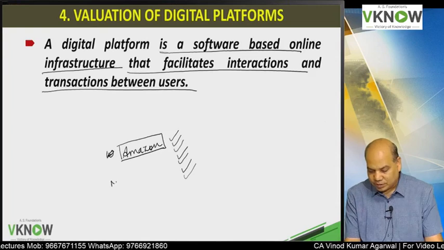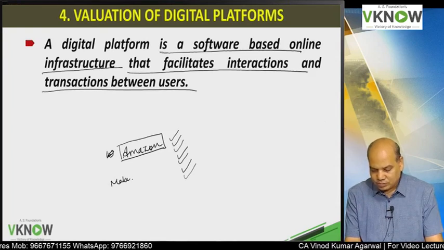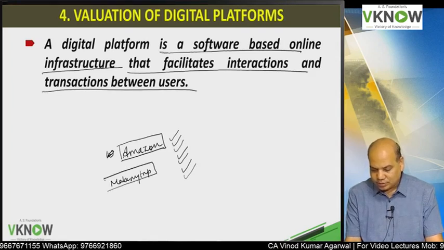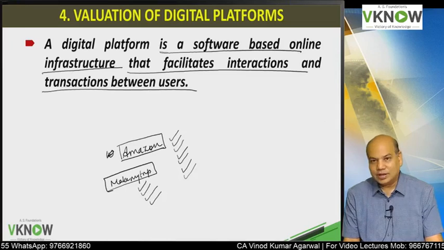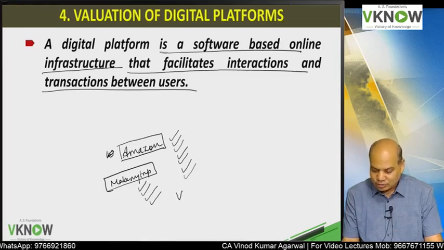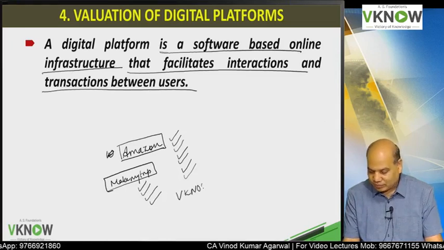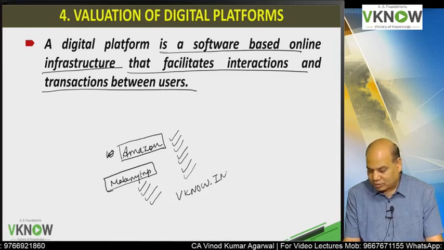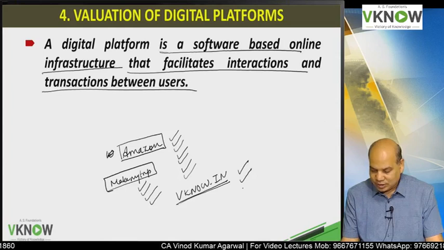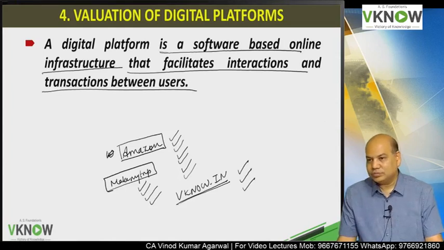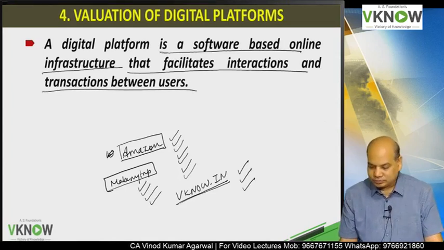Or for example, you can go to Make My Trip website and you can book hotels, airlines, like that. You can go to our website and you can place order for any educational lectures or books.